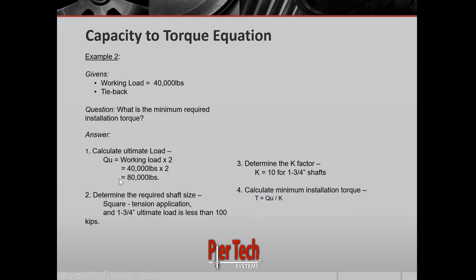Our ultimate load for this project is 80,000 pounds, we determined from step 1, and the K factor from step 3 is 10. 80,000 divided by 10 is 8,000 foot-pounds of torque. That is now our minimum installation torque requirement for this project. So write these steps down. You're going to have to go through these same steps on the quiz.